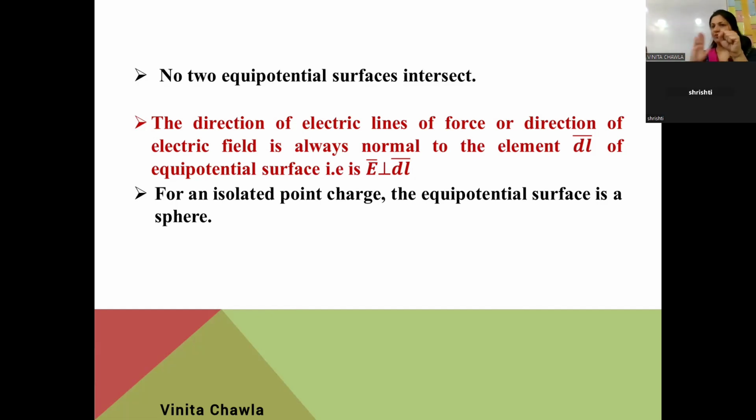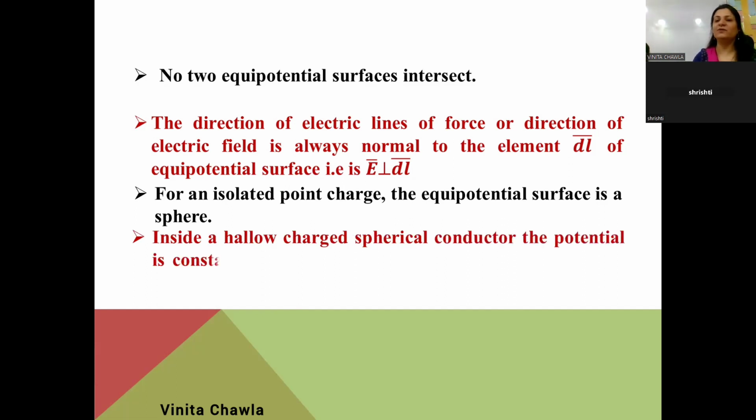So everywhere from this charge at a distance of 2 centimeter, you will find the same potential. If we collect all those points in 3D, then a sphere will be formed. So the sphere is the equipotential surface for an isolated point charge.